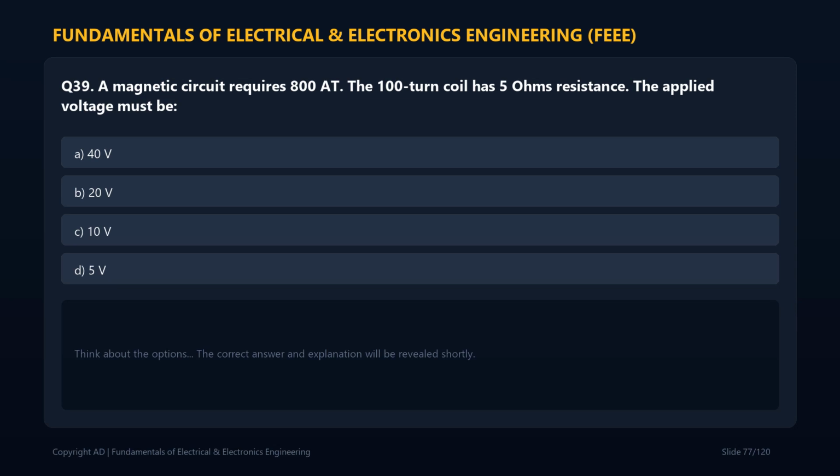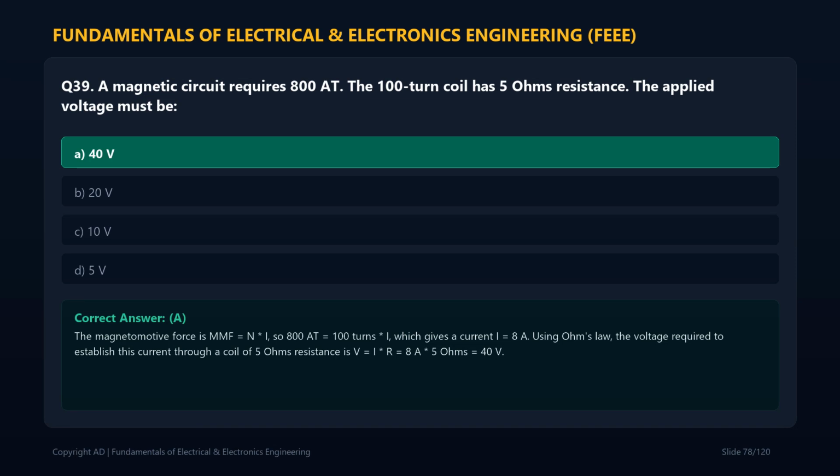Question 39. A magnetic circuit requires 800 ampere turns. The 100-turn coil has 5 ohms resistance. The applied voltage must be: option A, 40 volts; option B, 20 volts; option C, 10 volts; option D, 5 volts.